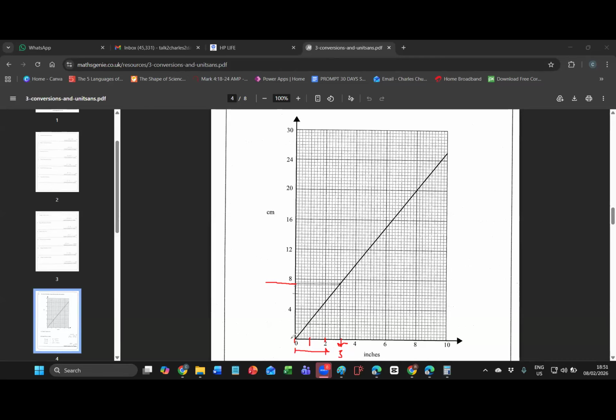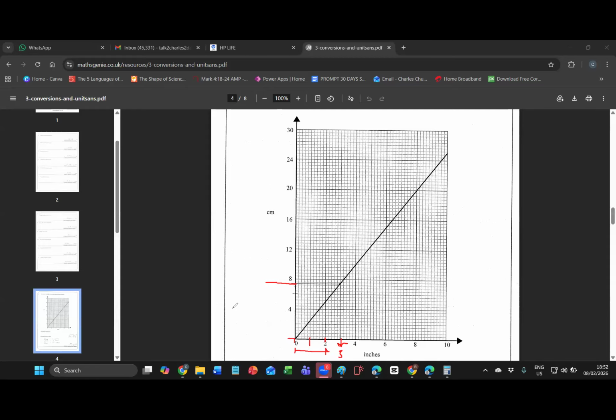All right. Now let us go to the cm axis. On the cm axis, between the same 2 cm, instead of it being 2 units, it's 4 units. Now, this is how I usually do this type of scale.